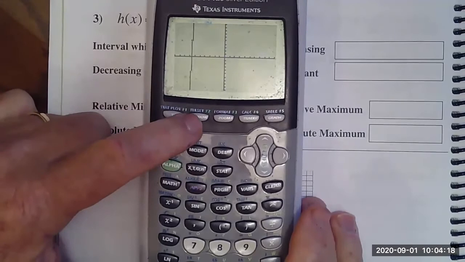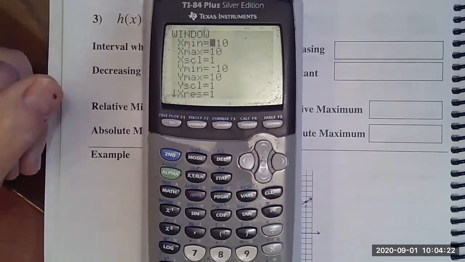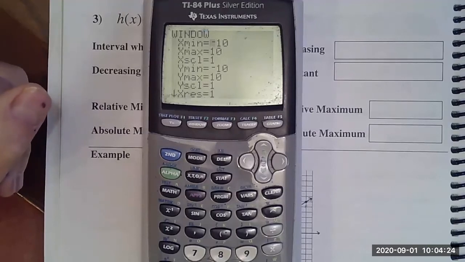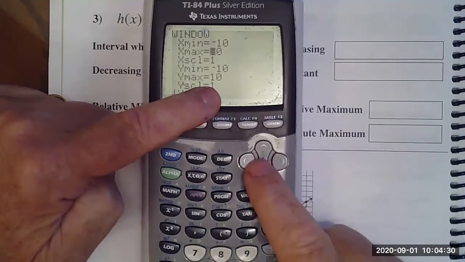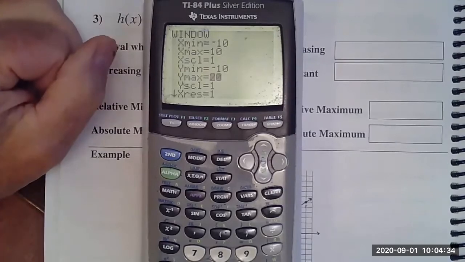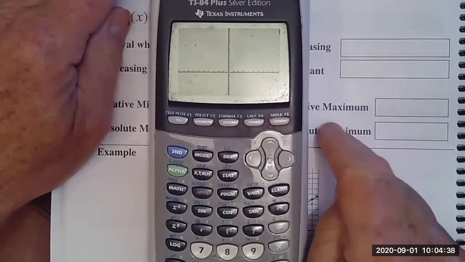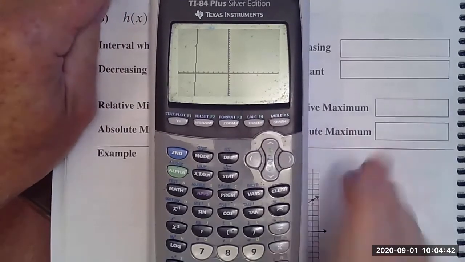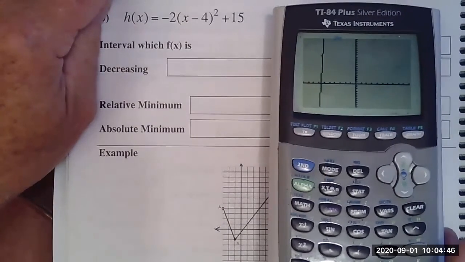I'm going to go into Window. This is the way I'm going to do it. And I'm going to go higher because I'm pretty sure that the parabola is turning somewhere off the screen higher. So I'm going to change my Y max to something higher than 10. How about 20? And hit graph just to change that one only. Nope, I got to go higher than that.